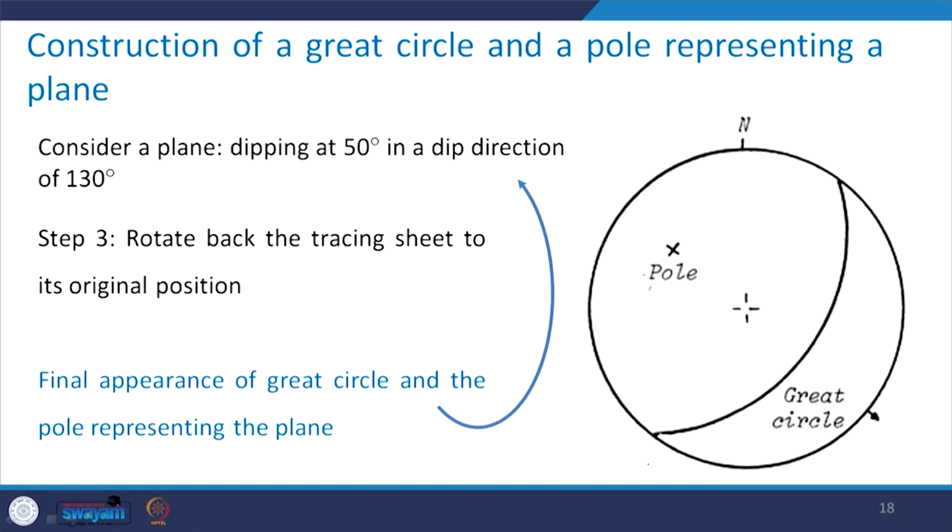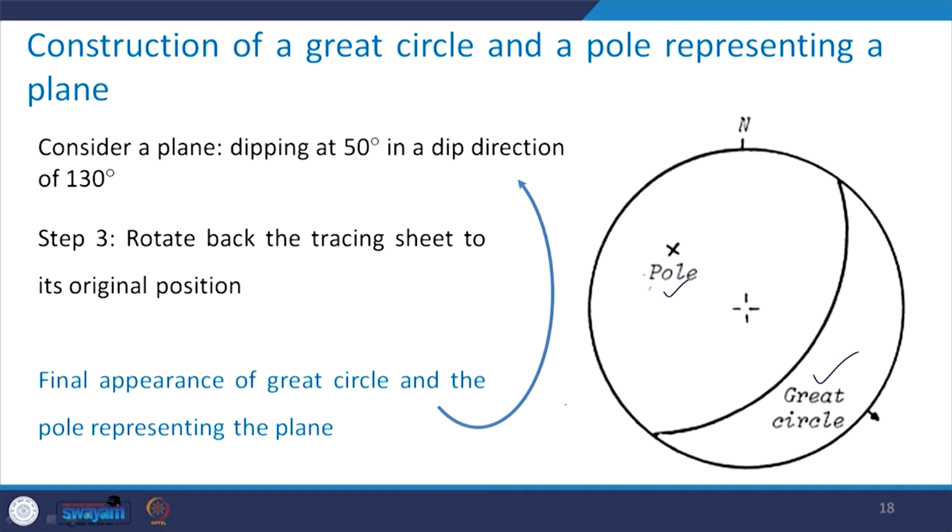So, that the earlier one, that is the step 1, the first position of the tracing sheet is to be retained here. So, when we rotate it back, this is how the great circle and the position of pole will look like. So, this is going to give me the final appearance of the great circle and pole, which is representing the plane which is dipping in 50 degree in a dip direction of 130 degree.